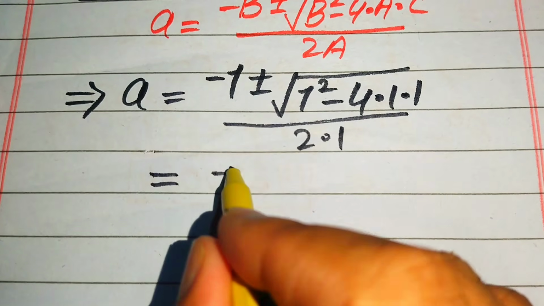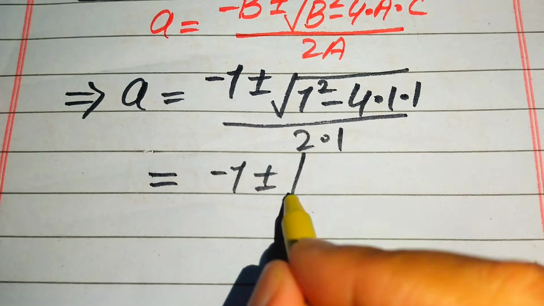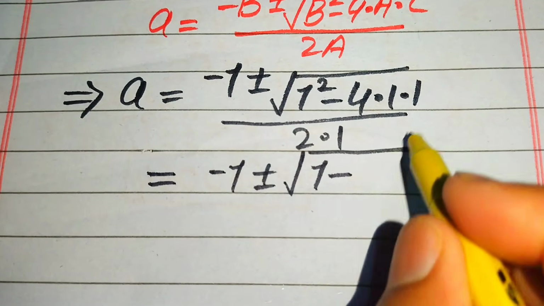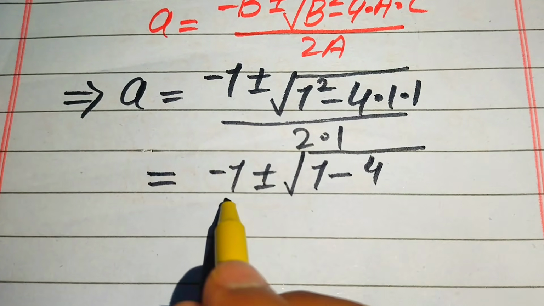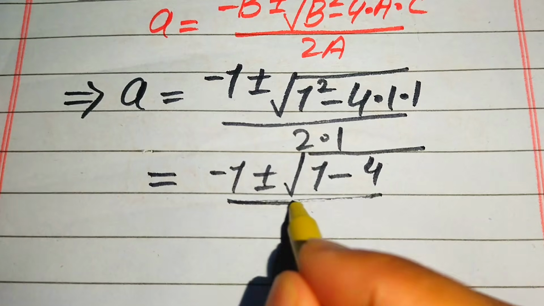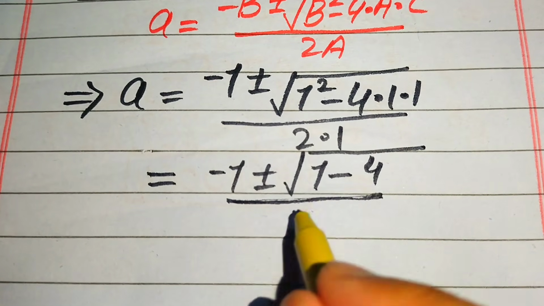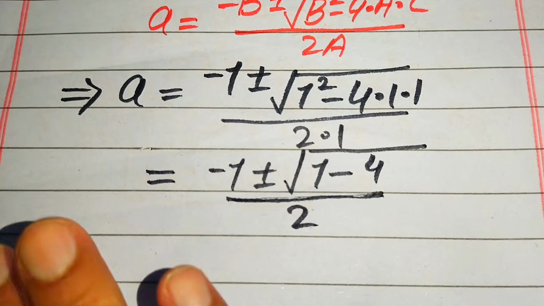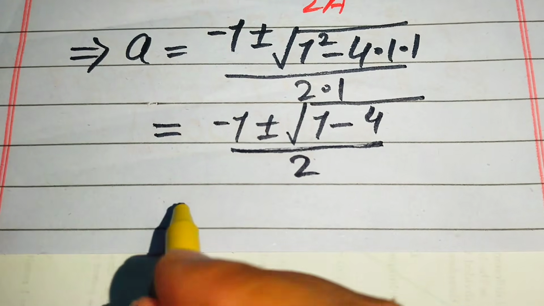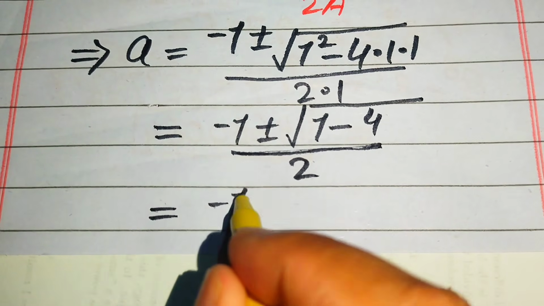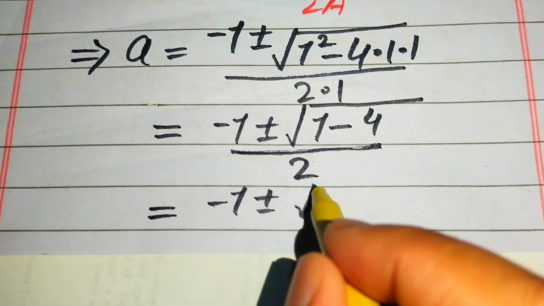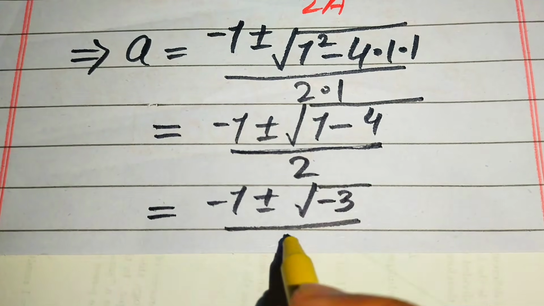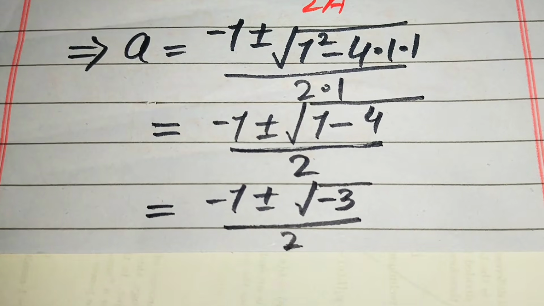Further, in the next step we have minus 1 plus or minus square root of 1 squared, which is 1, minus 4 times 1, which is 4, divided by 2 times 1, which is 2. Further simplifying, we have minus 1 plus or minus square root of 1 minus 4, which becomes minus 3, divided by 2.